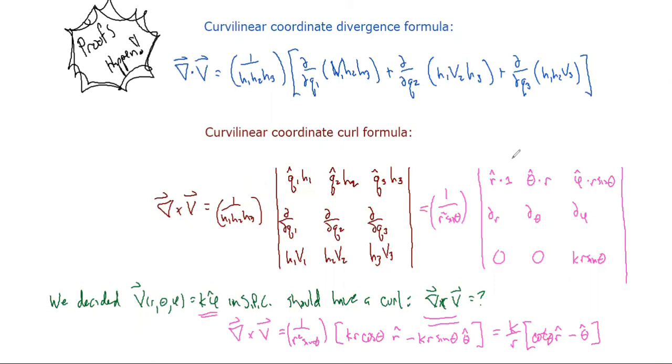So first of all, what's cotangent of 0? It's undefined.